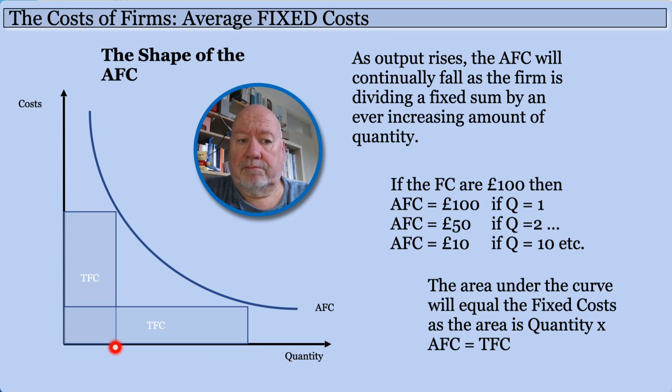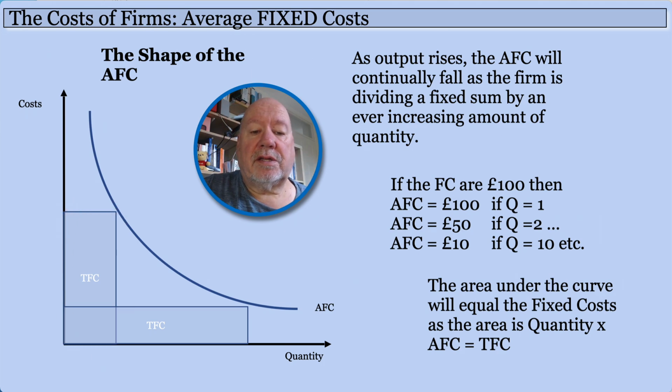Okay. Now the other thing that is really useful for some multi-choice questions is that if I look at a quantity here and I hit my average fixed cost and I come across here, this box here is going to measure the total fixed costs. Same here, if this quantity, there's my average, which is measured on this axis, so that box there, the area under the curve, is going to be the total fixed costs. So it's a constant.